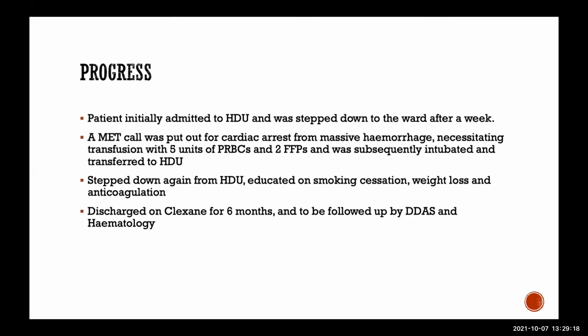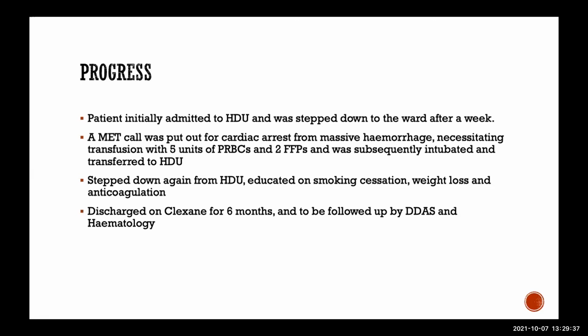And since we're considering discharging her, she had to be educated on what she had had, which was the pulmonary embolism. These risk factors that may have put her at a risk of developing this pulmonary embolism would include the smoking and her weight. And so she was educated on this.